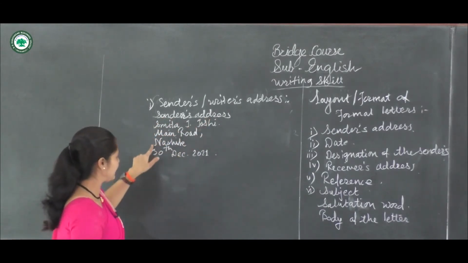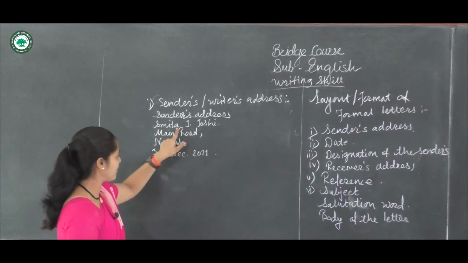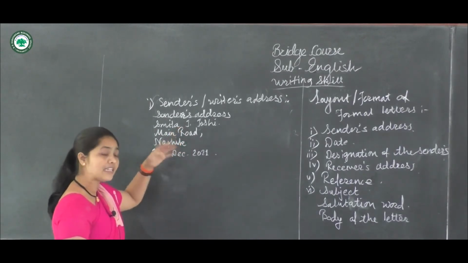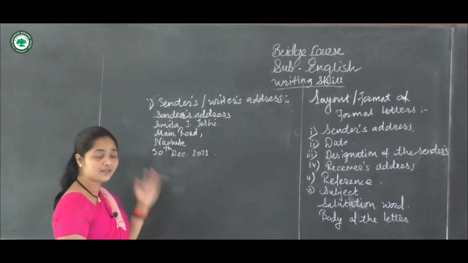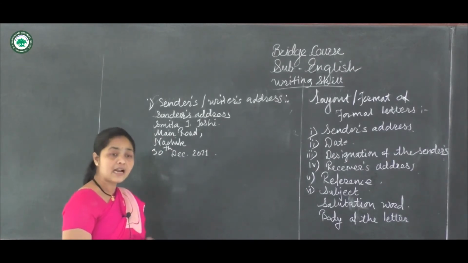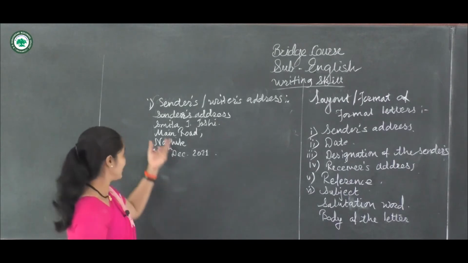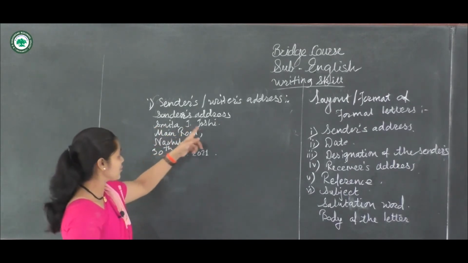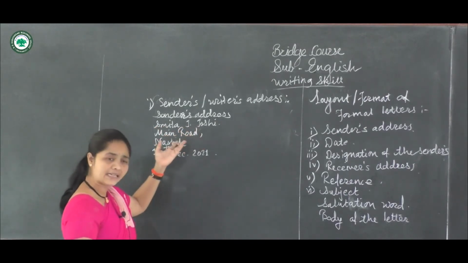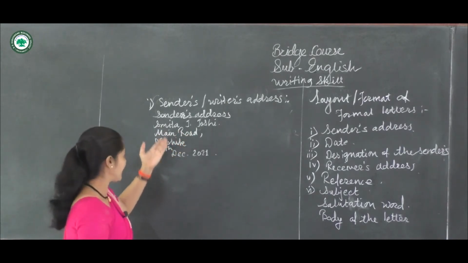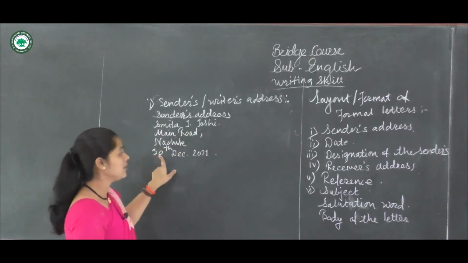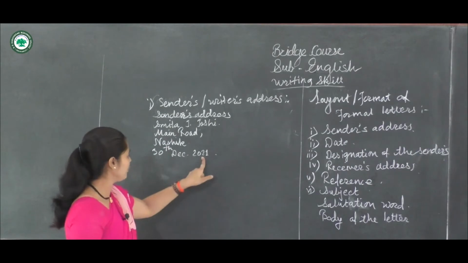Firstly write your address, take a fake name in your examination. When in real life you write the letter, you should not take a fake name. So here Smita J. Joshi, in examination you will take any kind of name, then your address. After that you have to mention the date.